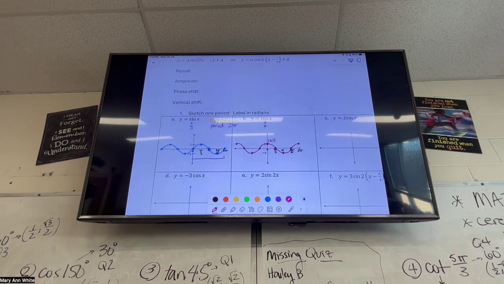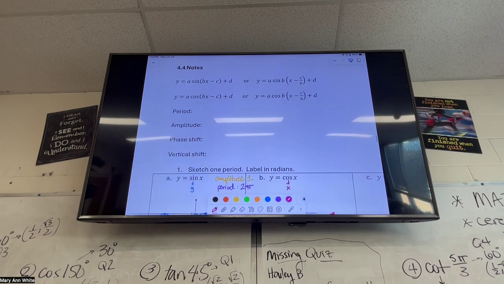Okay, so that means if I come up here, we only care about my amplitude, which are these A's. And again, amplitude is my vertical stretch and shrink.